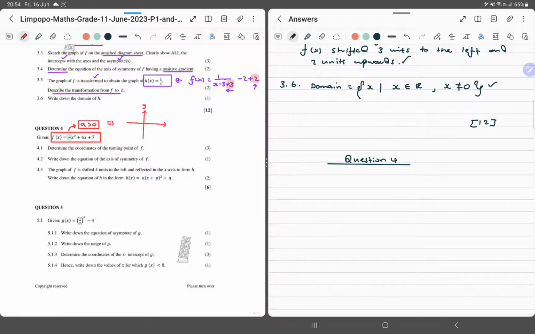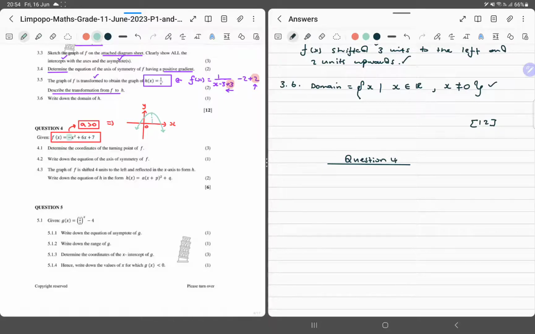Now, we need to be very smart about our business here. What do we know? If this is positive and that is negative, that already tells us that our axis of symmetry is going to lie to the right. So we know that our graph is going to look something like this. So our x-coordinate of that turning point is to the right.